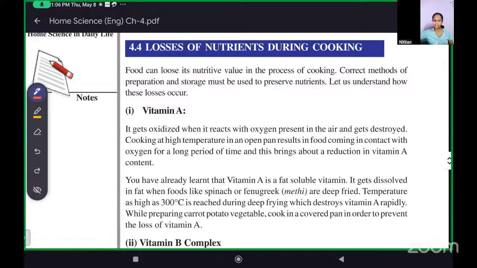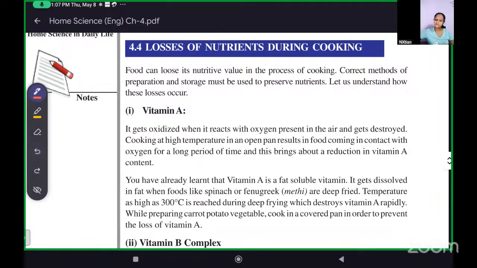So let's study how nutrient loss can occur while cooking food. Food can lose its nutritive value. What is nutritive value? It means the amount of nutrition that food has. Correct methods of preparation and storage must be used to preserve nutrients. Let us understand how these losses occur.